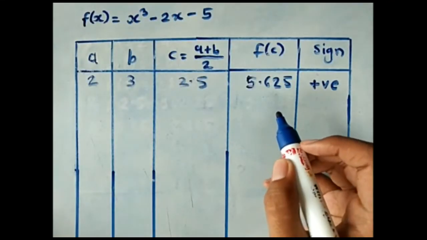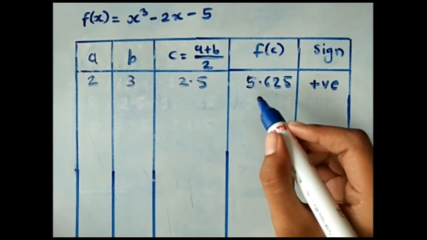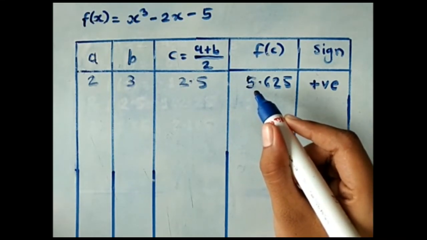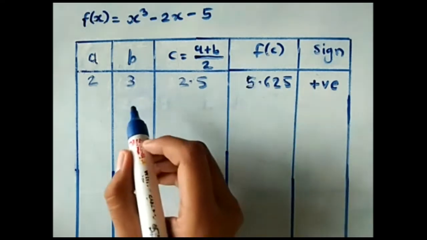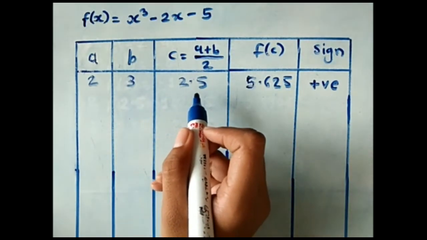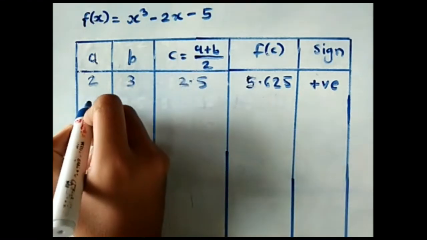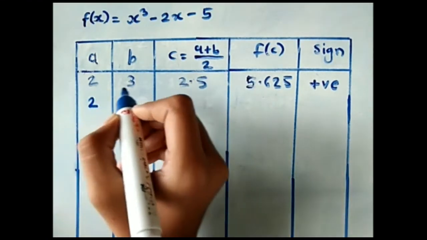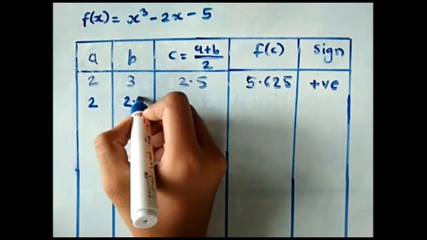According to the possibilities of the bisection method, since the sign of f(c) is positive, we replace b by the value 2.5, that is the value of c. Here the value of a remains the same and b becomes 2.5.